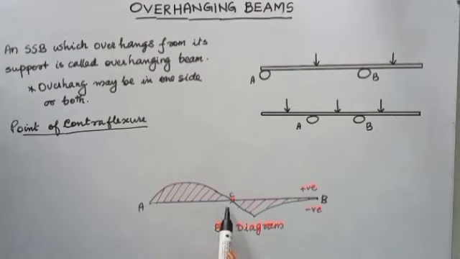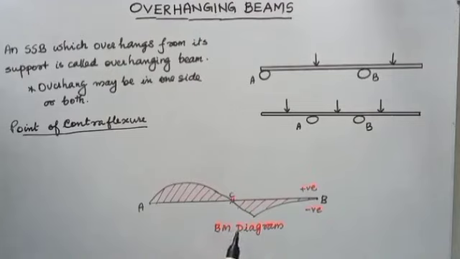Okay, so such a point where a bending moment diagram changes its sign is called point of contraflexure. So point of contraflexure is the point where the bending moment diagram changes its sign.